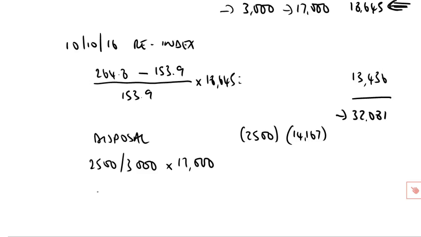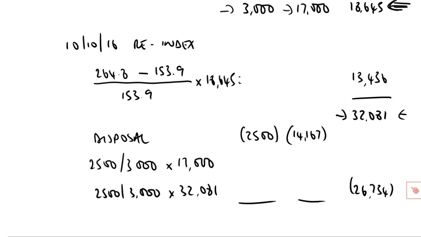You now do the equivalent calculation of your index cost, 2,500 over 3,000 times, there's your figure, 32,081. Multiply that through your calculator, and again, please do check, but I made that £26,734 worth of index cost to now come out of this share pool.